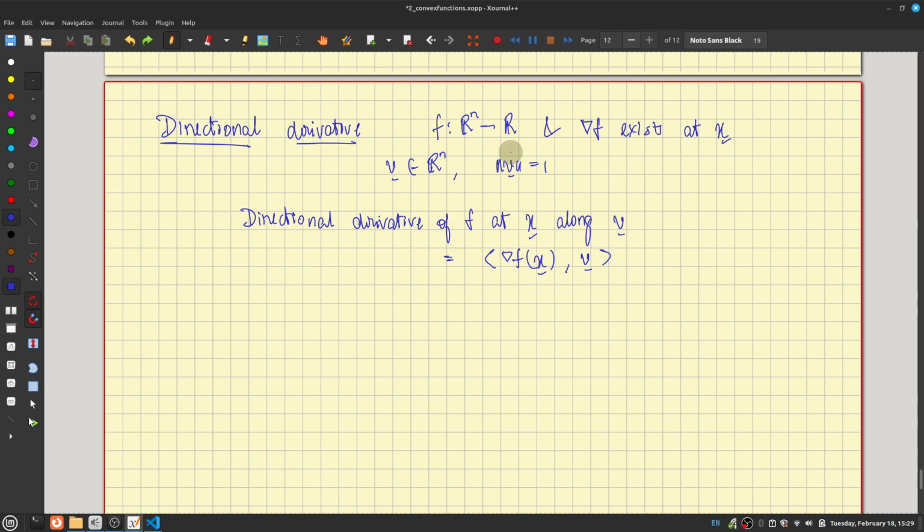Suppose f is a function from Rn to R. We'll frequently want to look at the function, let me call it phi v, so the function f along the direction v. phi v of t is equal to f of x plus v times t.